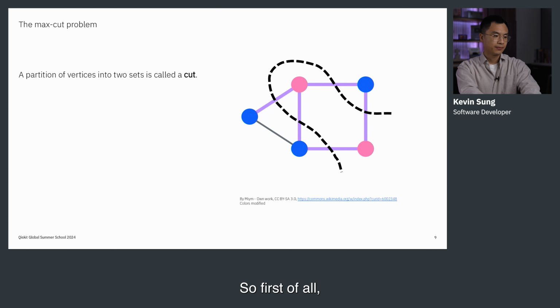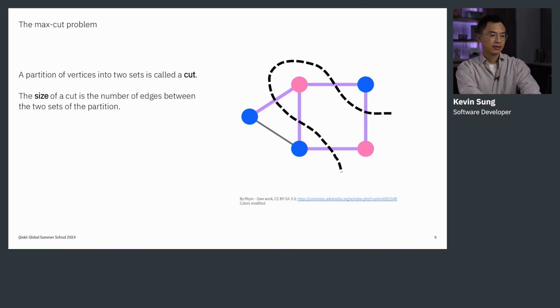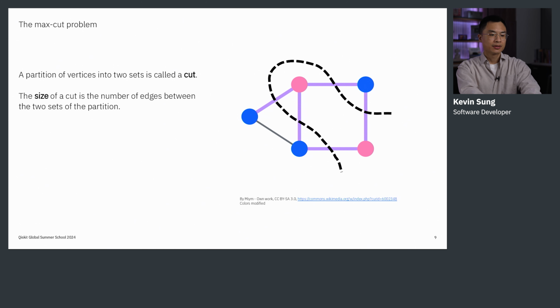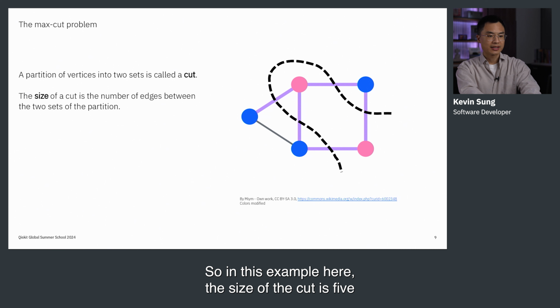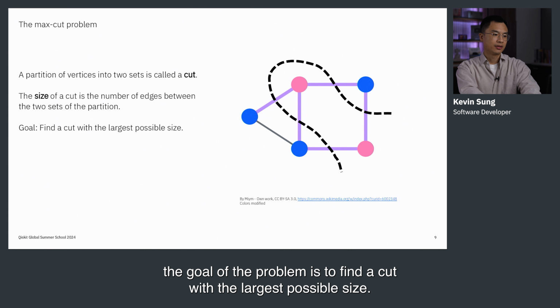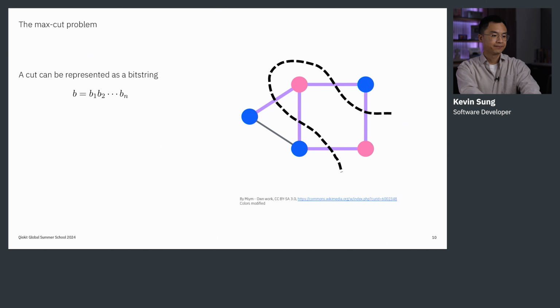First of all, a partition of vertices into two sets is called a cut. And the size of a cut is the number of edges between the two sets of the partition. In this example here, the size of the cut is 5 because 5 of the edges are cut. And now I can state the goal of the problem: to find a cut with the largest possible size.